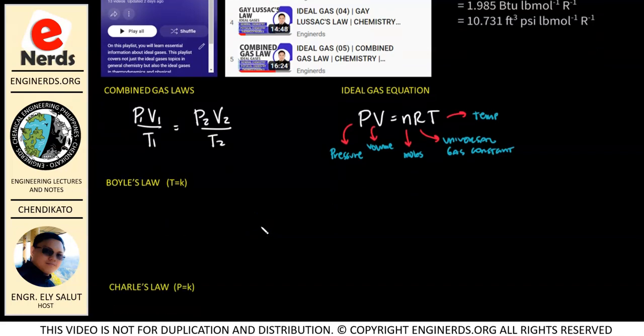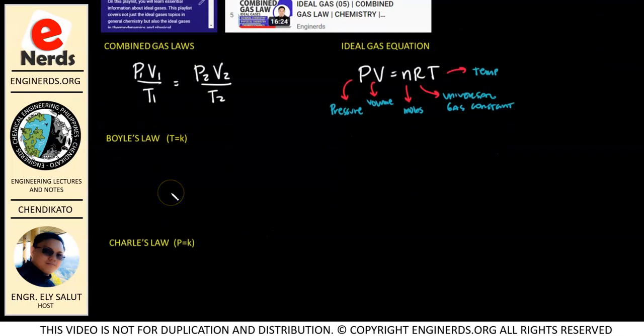So, let's say we have Boyle's law. And we learned that Boyle's law is the ideal gas law that we will be using when our ideal gas is operating at constant temperature. So, what do we mean by that? By using our combined gas law here, we have P1V1 over T1 is equal to P2V2 over T2.